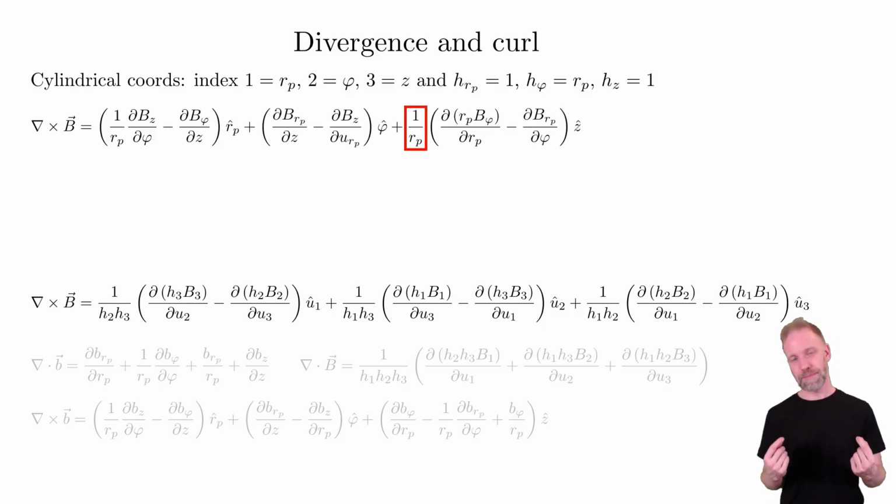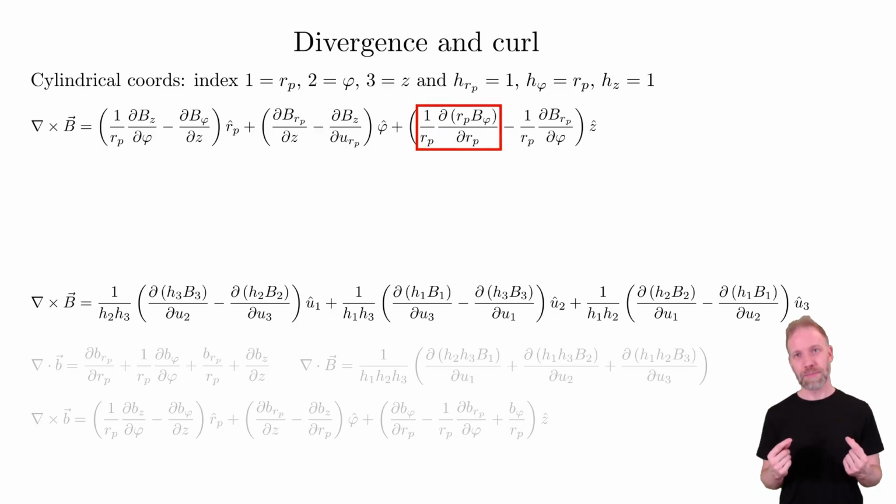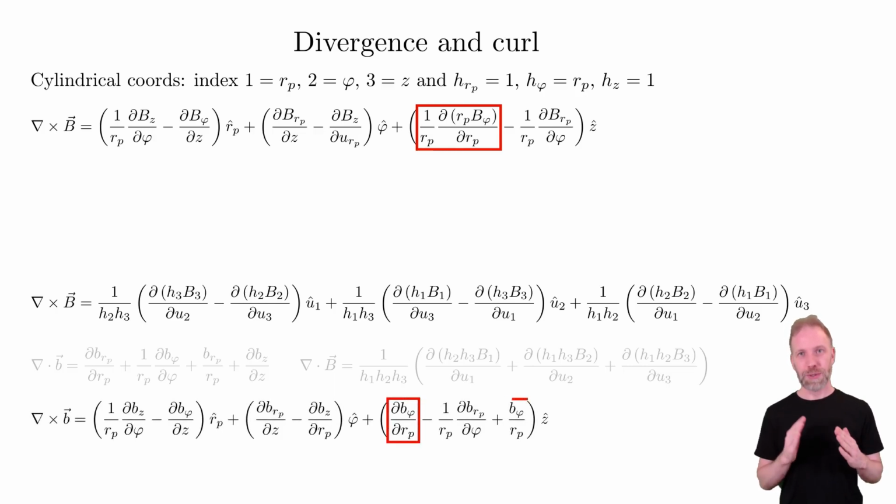Distribute 1 over Rp. If we were to use the product rule, this term would become the two terms in our old expression for the curl. Hence, you can see that we get the same expression as we got from the vector gradient.